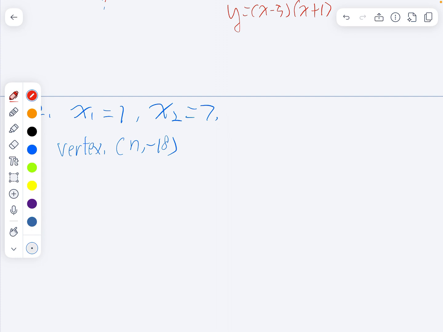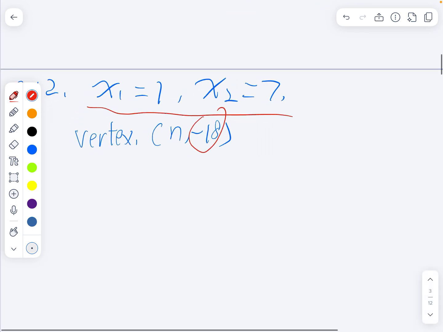The second one is, we know the two roots, and the vertex y is equal to -18. So when we know the two roots, we can use the factored form.